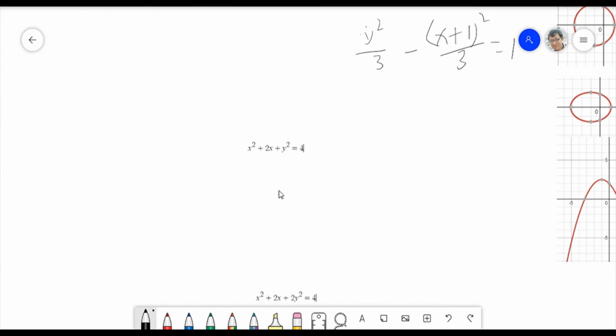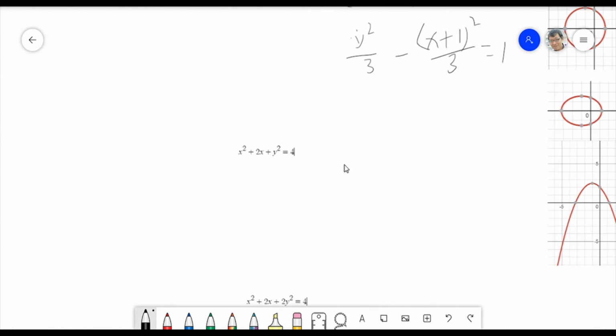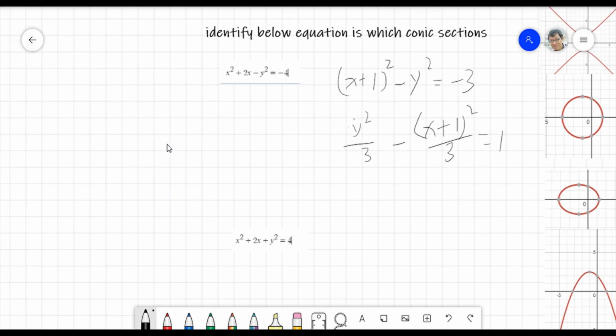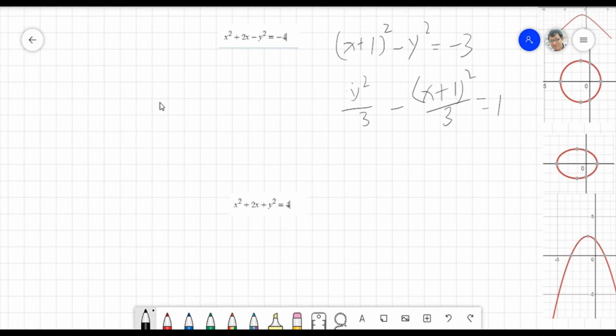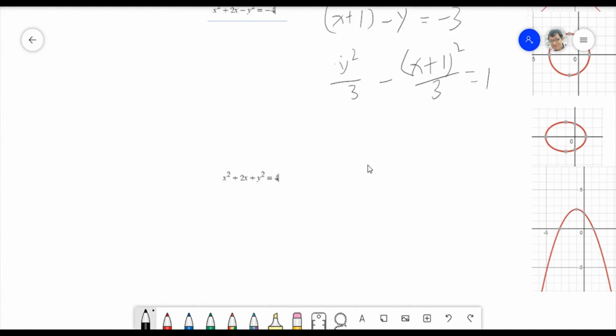Let's see this one below. We need to write it in standard form. In fact, you can see the first one, the second, and even the third one are very close, with no big difference. But when we simplify them to the standard equation, they're different, and the graphs are very different as well. First, same as before, x plus 1 squared plus y squared, and this is plus 1, so the right side should be 5.